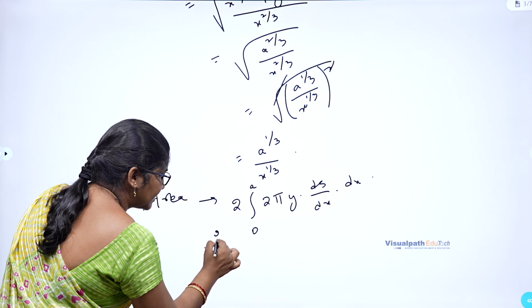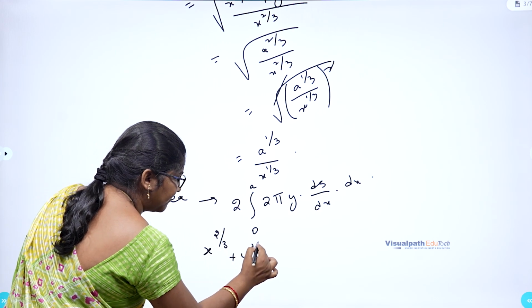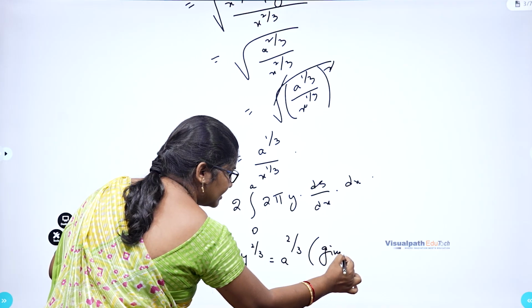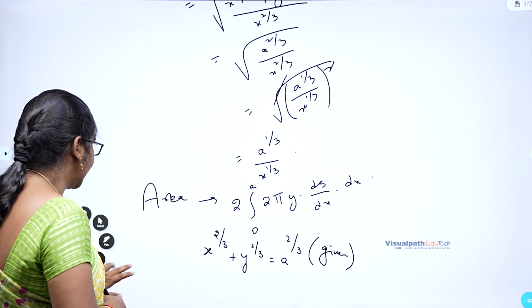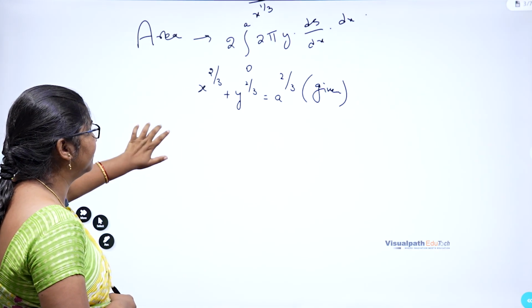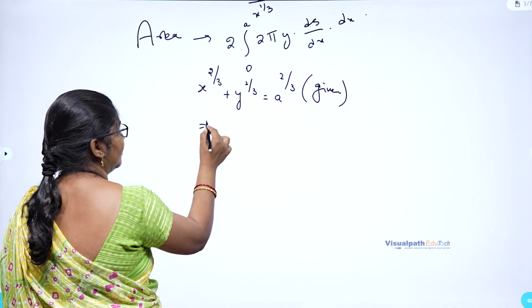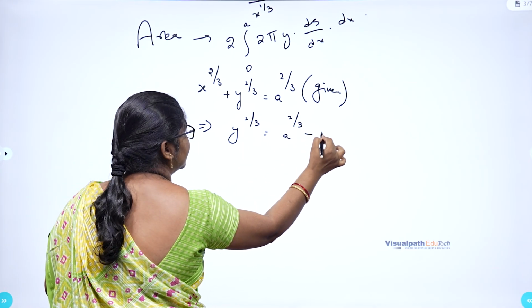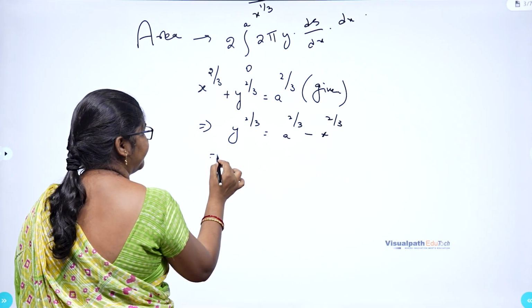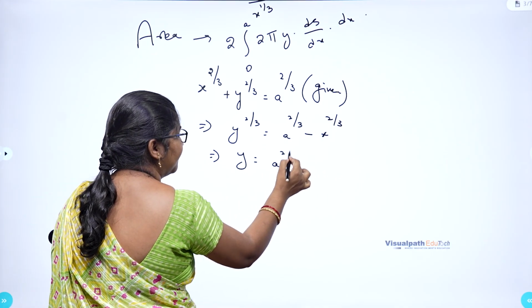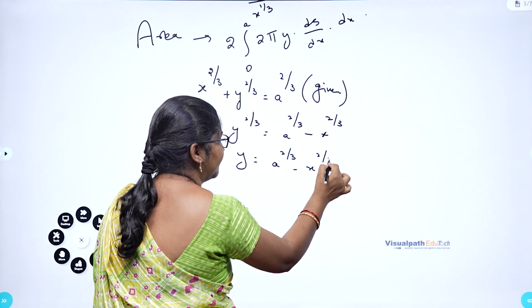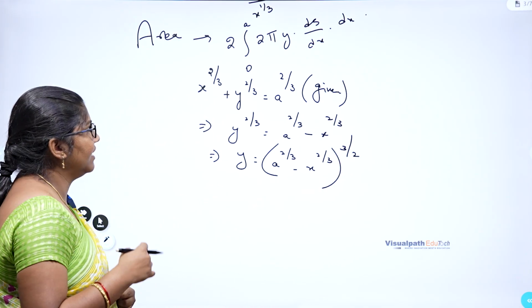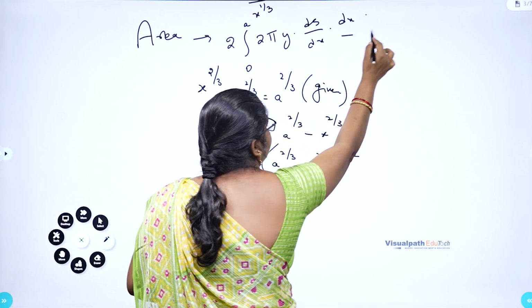We know x power 2 by 3 plus y power 2 by 3 is equal to a power 2 by 3, since this is given. From here we can find y. y power 2 by 3 is equal to a power 2 by 3 minus x power 2 by 3. So y is a power 2 by 3 minus x power 2 by 3 whole power 3 by 2. Now we will substitute in this equation.